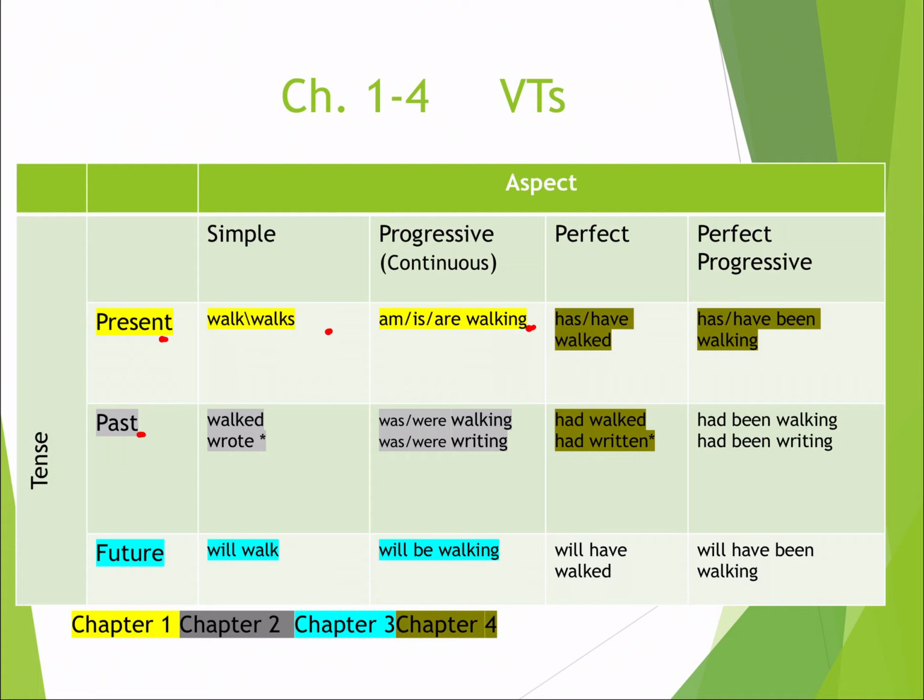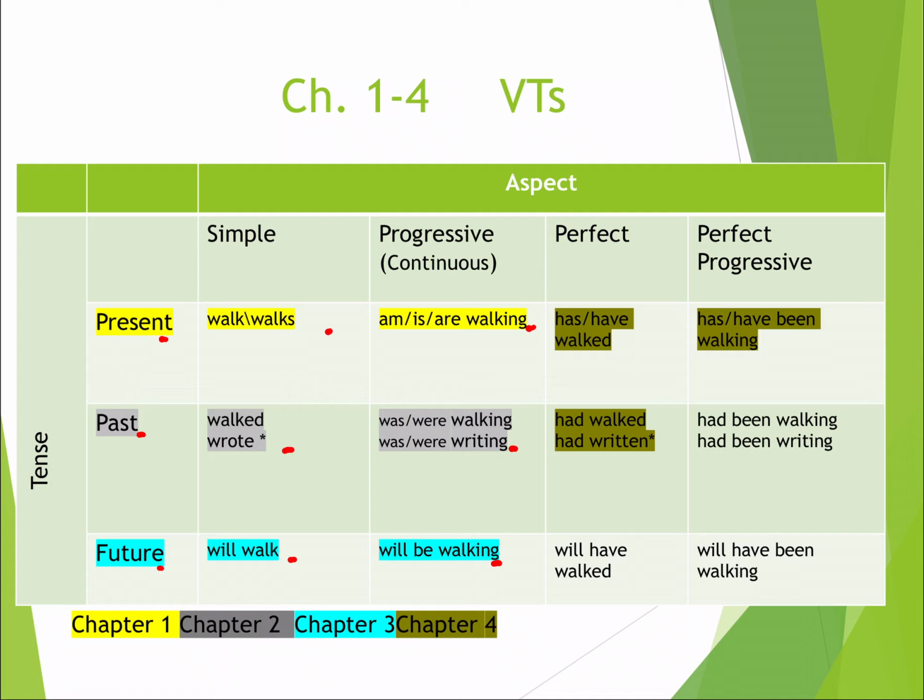So we'll look at the simple past and then we'll look at past progressive form. Chapter 3, we will move to the future verb tenses, looking at the simple future form and also the progressive form in the future. Okay, progressive or continuous, so actions that are continued.